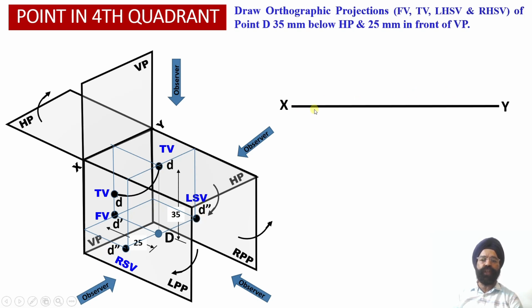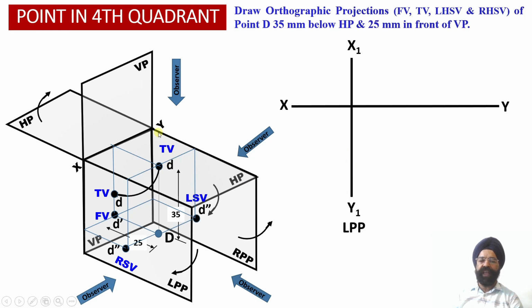So let us proceed to evaluate the two-dimensional orthographic projections of this point D, which happens to lie in the fourth quadrant. Here we have drawn the XY reference line, which is the intersection of the horizontal plane and the vertical plane. We have drawn the X1 Y1 reference line corresponding to the left profile plane. It is this hinge that we have represented in the orthographic projection view.